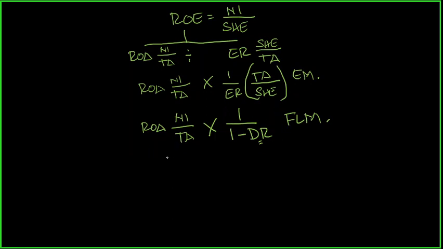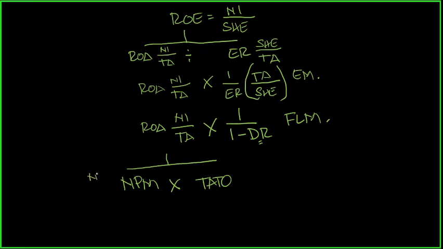Now, your return on asset is further divided into two ratios. You have your net profit margin times your total asset turnover. So, how do you compute for your net profit margin?